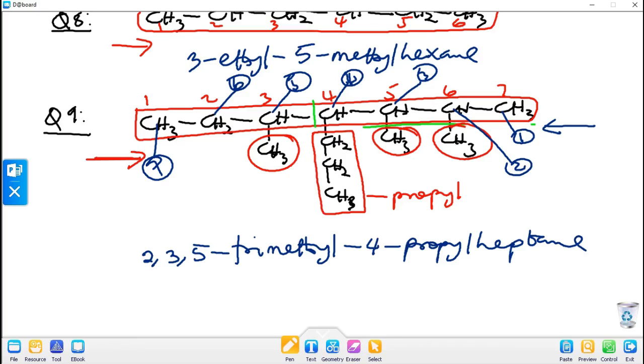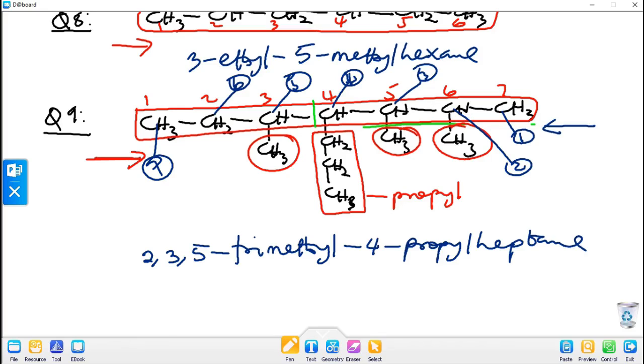So it's as simple as that. Take note of it. We have to come from the right-hand side, because the 2 methyls are at position 2 and position 3, and the third methyl is at position 5. But if we number from the left-hand side, we get 3, 5, 6, which gives them higher numbers.